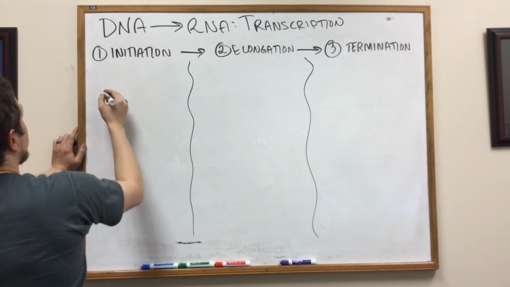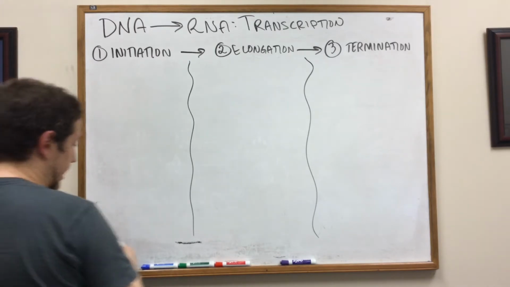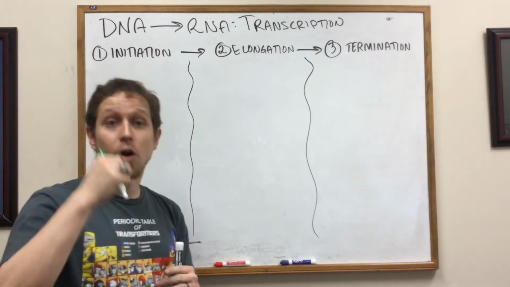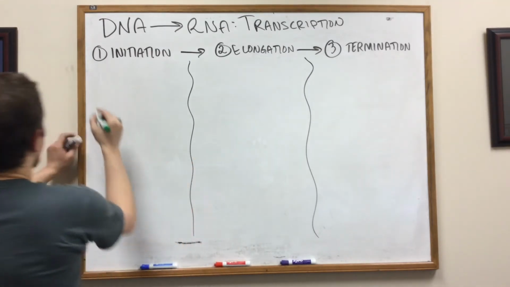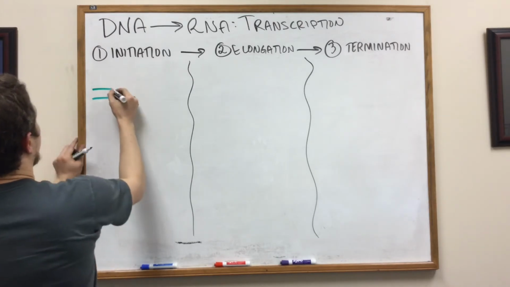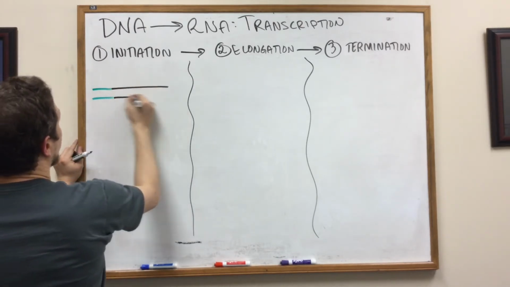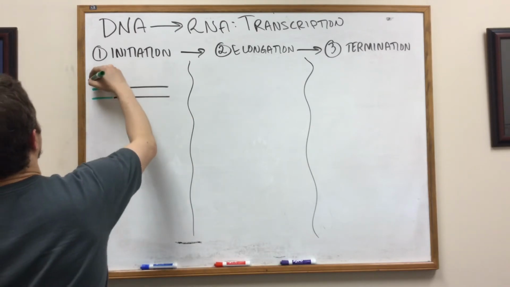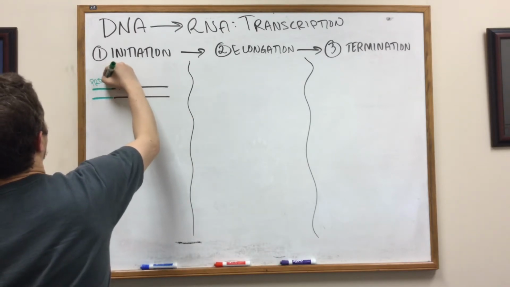So, for initiation, on my DNA, there is going to be a distinct region that's going to signify the start of a gene. And this region is classically referred to as a promoter. So I'll draw it here in green. So here's my DNA, and this of course is called the promoter.